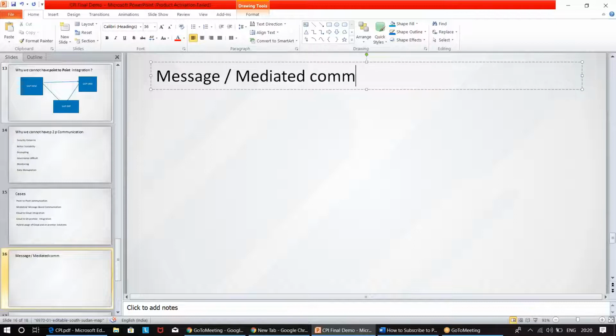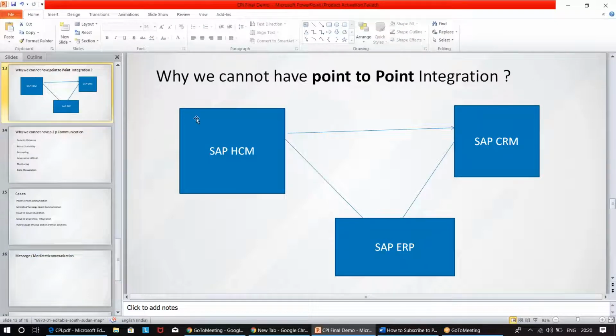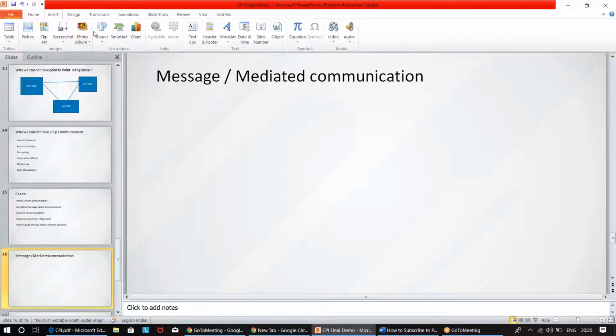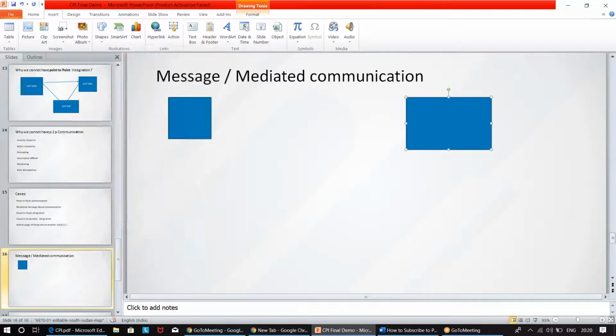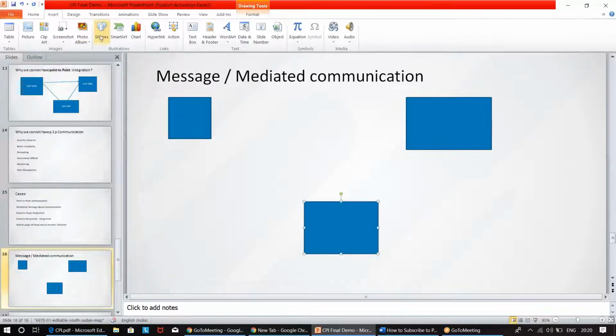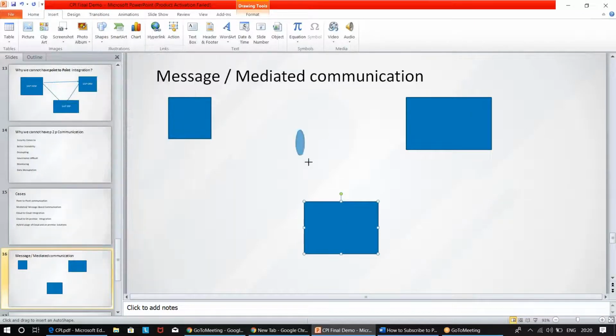Once we know the challenges we see in point to point, to overcome all of that, what we have done is, let's say we have these different systems A, B and C, and we try to do a smartness. We add a new middleware.